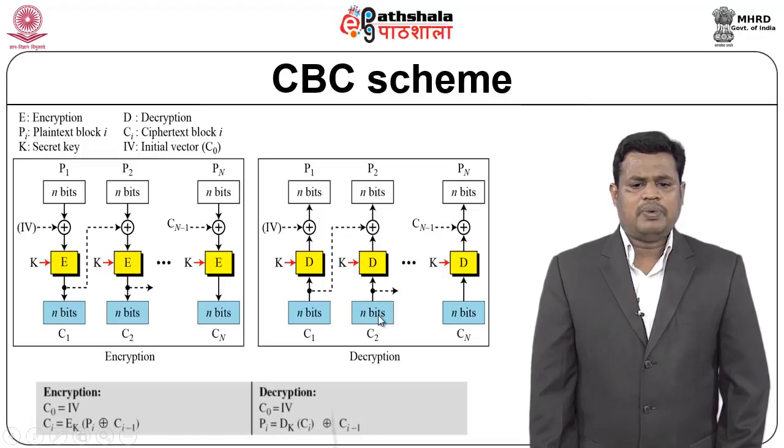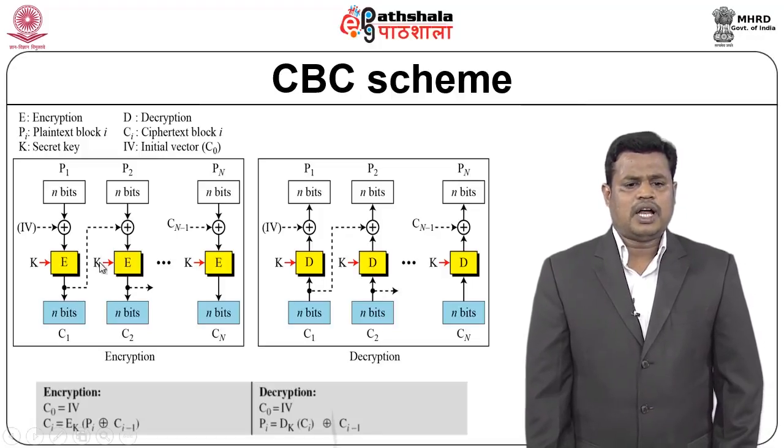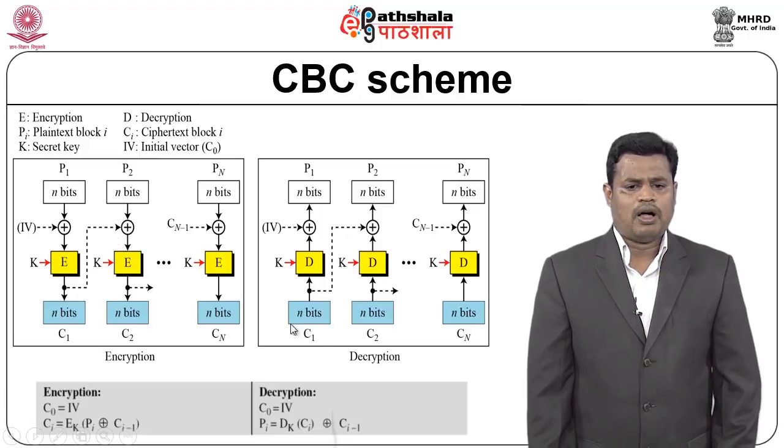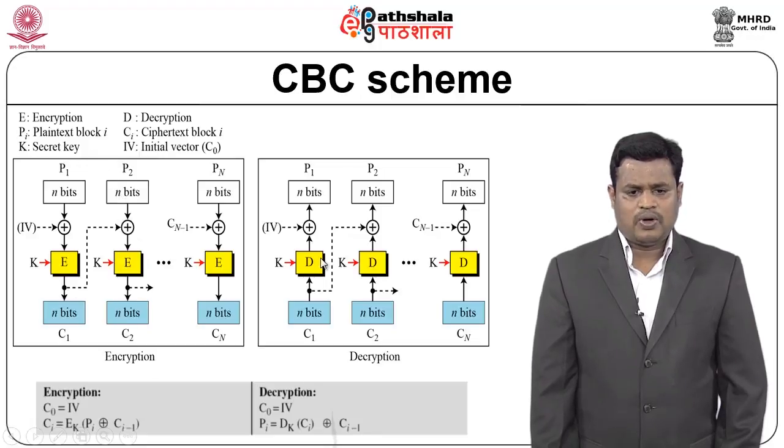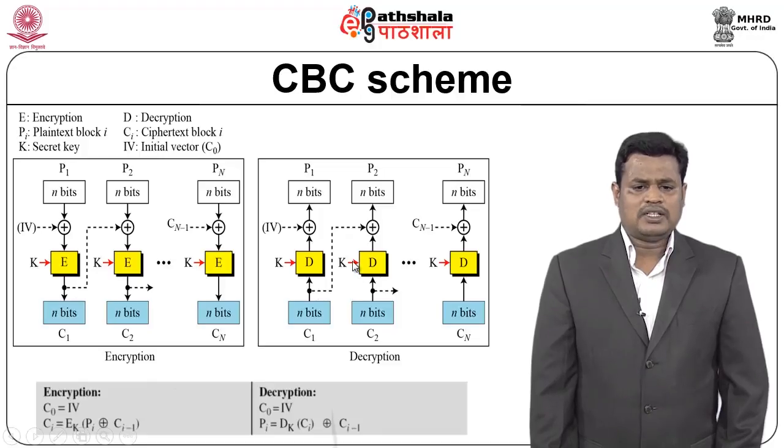After encryption, the block is given as the input for the next block, but in decryption, the ciphertext block is given as the input for the next decryption step. After the decryption it is XORed and we get back the plaintext. So, the flow goes in this direction, which generalizes that the encryption process is the inverse of the decryption process.